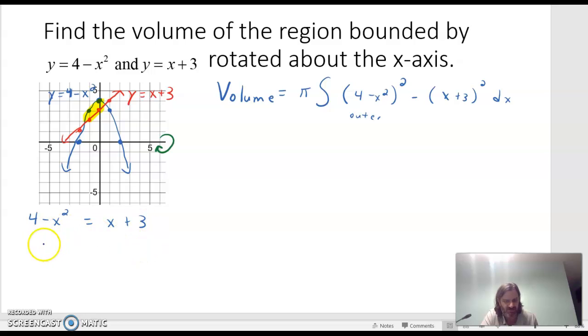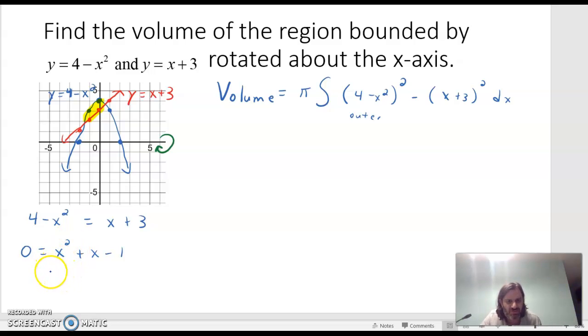I'm going to bring everything to the right-hand side because I don't like a negative x squared. So we'll leave nothing over here, but I'll bring the x squared over, so it'll be positive x squared plus x minus 1. Is that right? Yes, so that is no fun at all. I don't know if I should have used this problem or not.